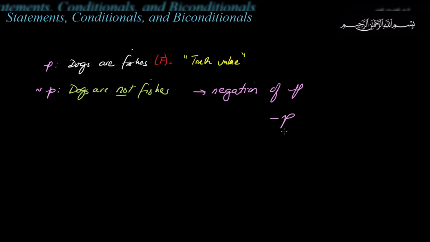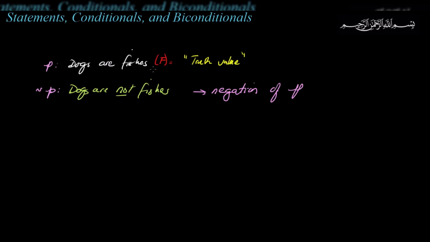You might think that would make more sense, but that suggests addition, subtraction, etc. But this is not addition and subtraction of sentences. So instead of using a negative sign here, we use a squiggly sign, meaning the negation of P. So if dogs are fishes, then the negation says dogs are not fishes. It's like a parent says it's a beautiful day, and some kids say it's not a beautiful day. This is good food. This is not good food. So it's negation.